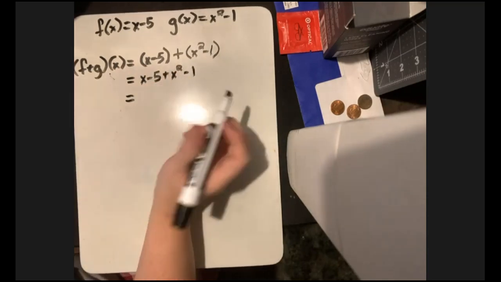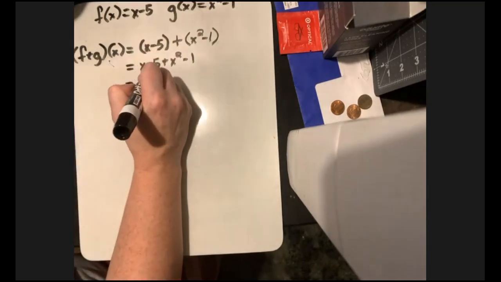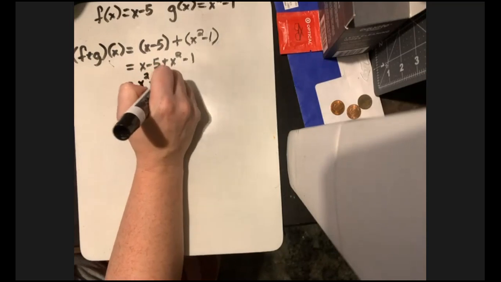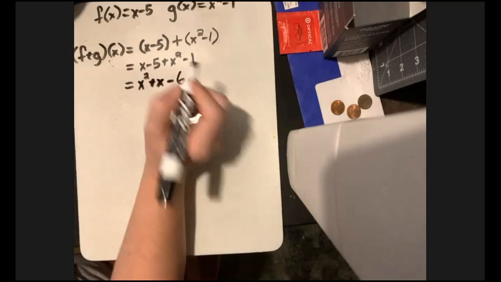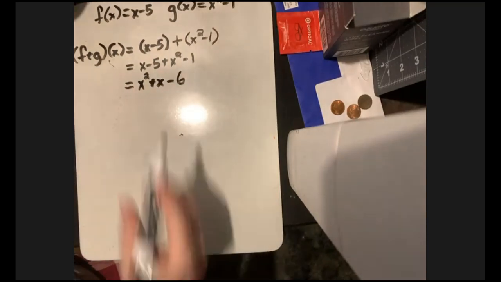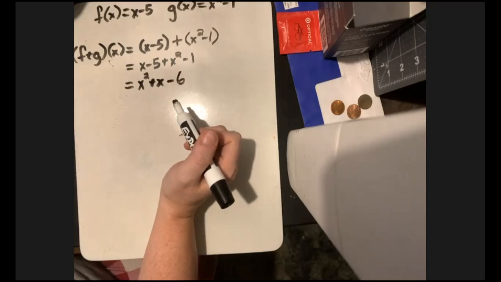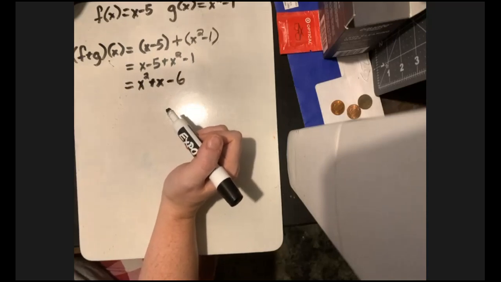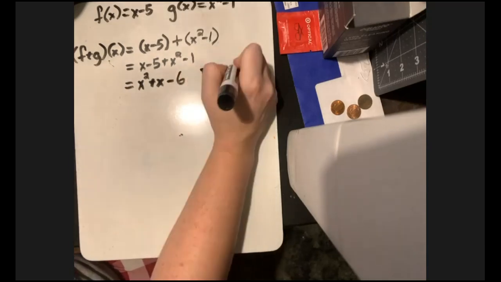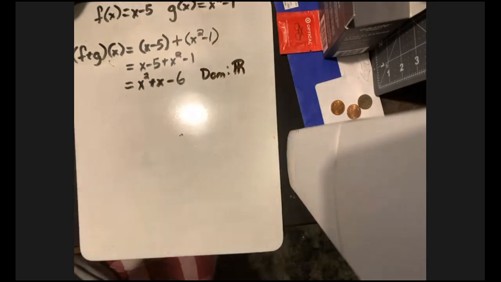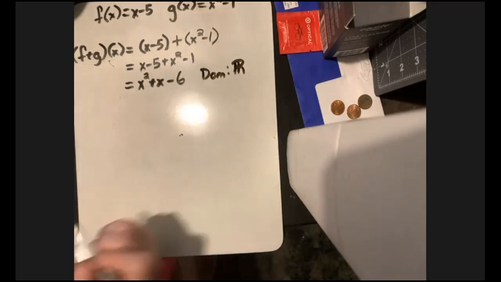Cleaning this up and putting it in a more traditional order of highest powered things first, I've got x squared plus x, and then I'm going to combine the minus 5 and minus 1 to make a minus 6. Now, again, with this outcome, I don't have anything that's created a square root. I don't have any fractions. I don't have anything that has an issue. So my domain is still going to be all real numbers. And remember that that double scripted R is the symbol for all real numbers.